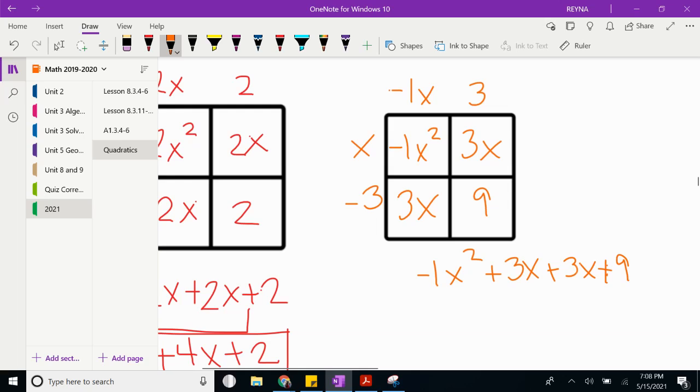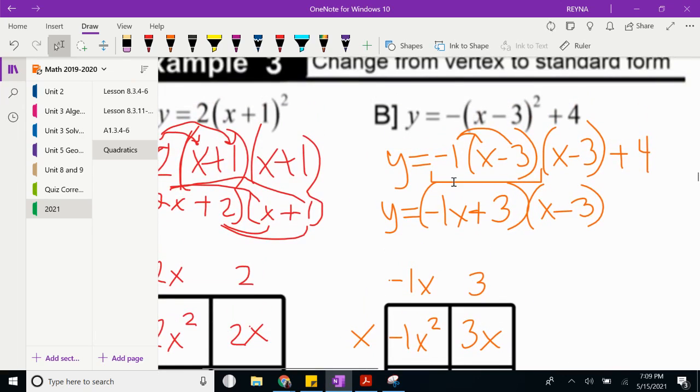What numbers can I combine because they are like terms? I can combine my 3x's. So that would turn into 3 plus 3 is 6. And we are almost done. However, if I scroll back up, over here, we had a plus 4. So we want to make sure we don't forget about this plus 4.